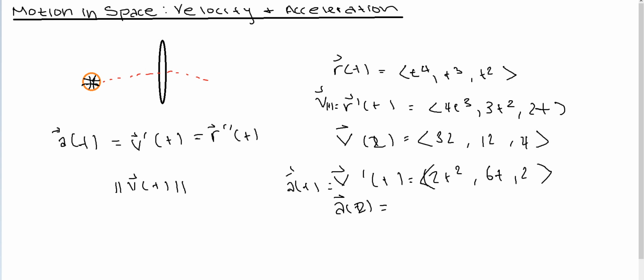So we know that 2 squared is going to be 4, so it's going to be 48, 12, and 2, which means that this is going to be traveling at 48 meters a second squared in the x direction, 12 meters a second squared in the y direction, and 2 meters a second squared in the z direction.